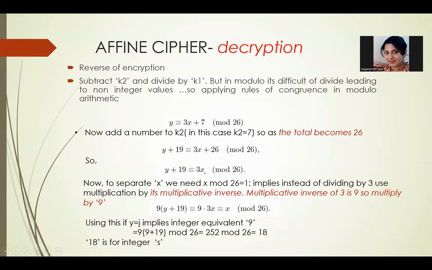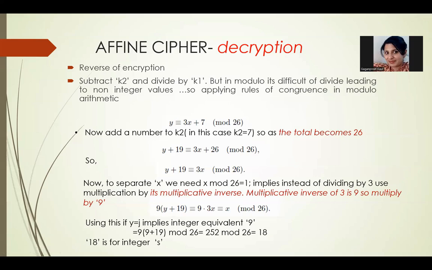Now I need x from 3x, I don't need the 3. Again I cannot divide. That is a difficult process, it makes things more complex. So again, the division is there, so I go for the multiplicative inverse. To make x equal to 1, I find the multiplicative inverse of 3.